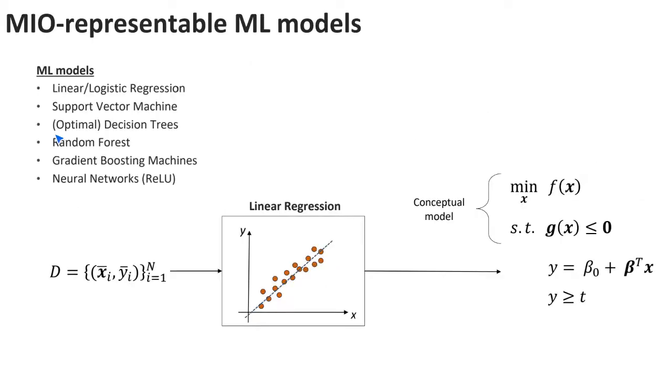Here is a list of machine learning models that we can represent using linear functions and binary variables. So we have linear and logistic regression, but also more complicated ones like neural networks with a ReLU activation function. To be redundant, what we have here is, again, our conceptual model with functions that we know how to define.